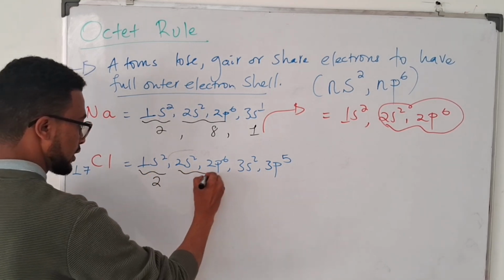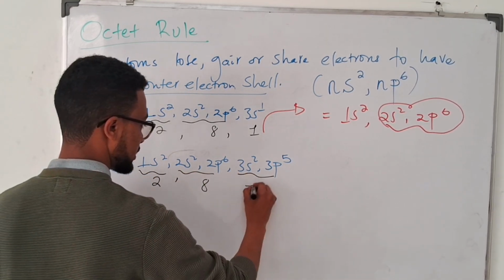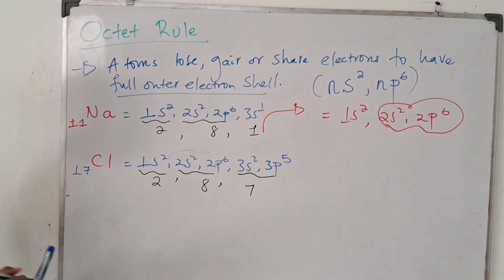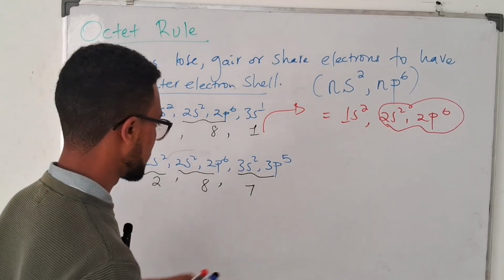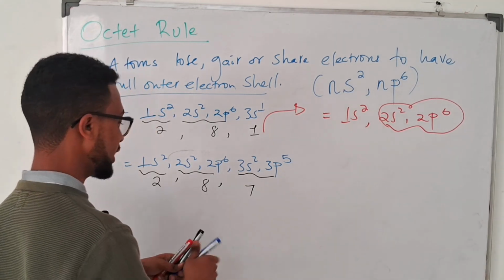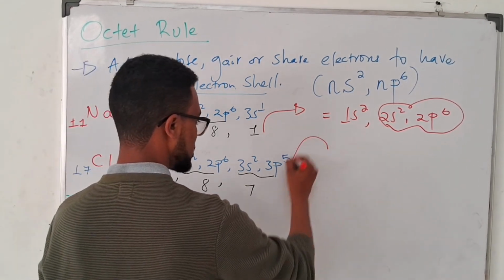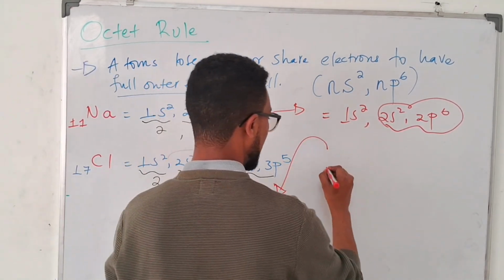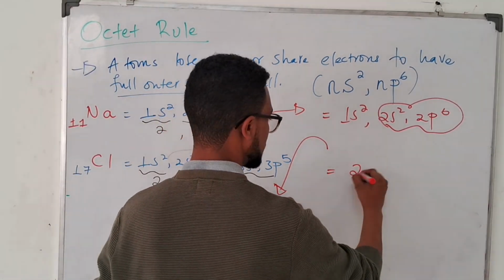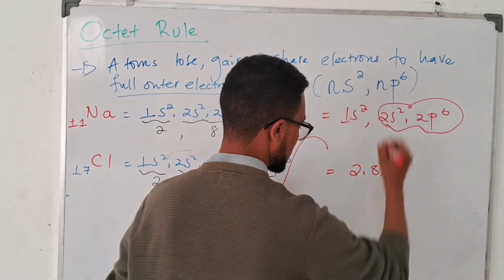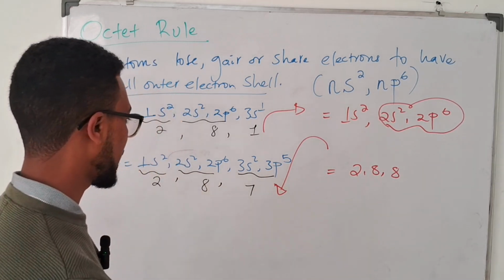This will be 2, 8, and then 7. So for chlorine to become stable, it needs to gain 1 electron to have 8 electrons in its last shell, okay? Gaining 1 electron will make chlorine have configuration of 2, 8, 8. Now, as you can see, it is looking like a noble gas.